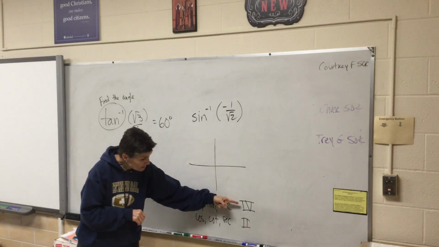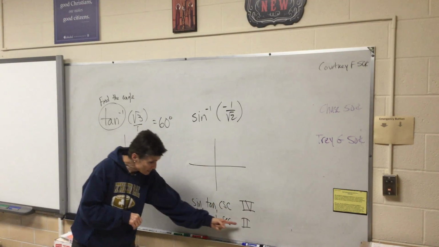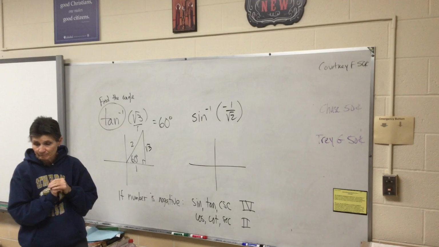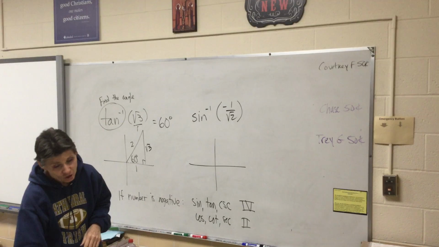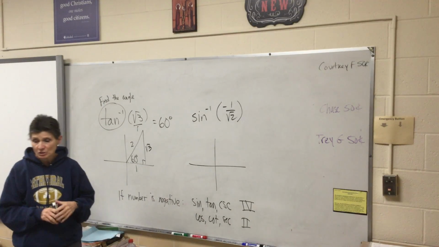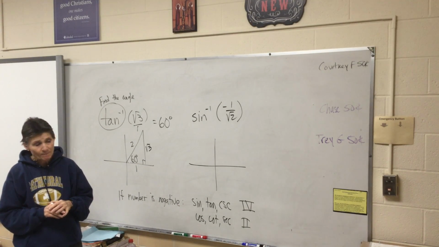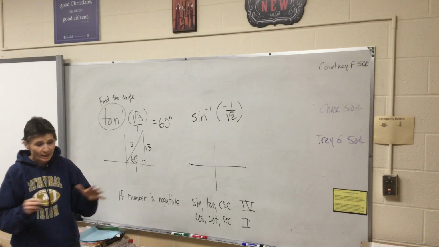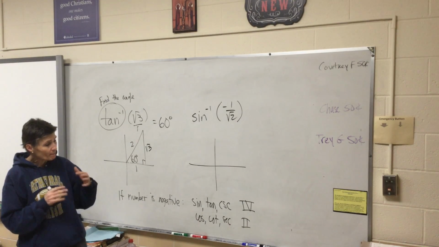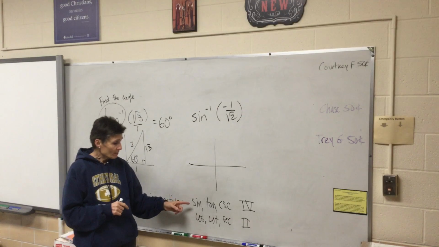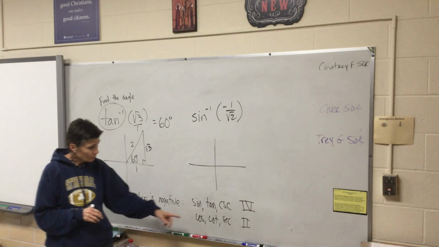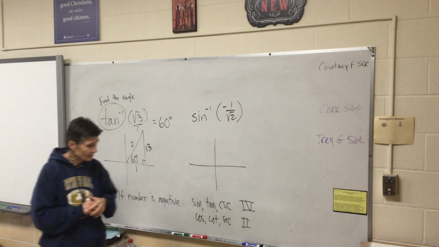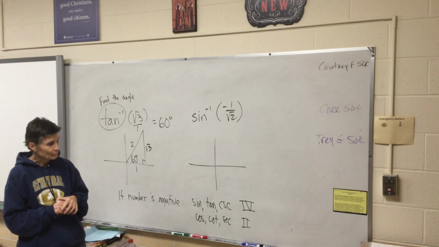So these 3 go into 4, these 3 go into 2. And there's actually a reason for that. It has to do with the curves themselves, but we're not going to go into all that. We're just going to memorize that sine, tangent, and cosecant are in 4. Cosine, cotangent, and secant are in 2.